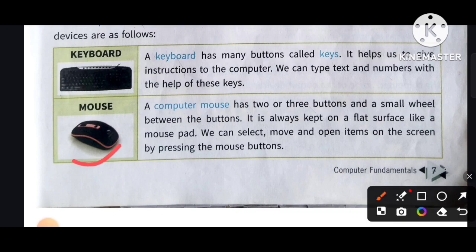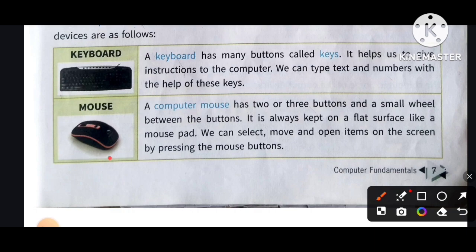So what is the definition of a mouse? A computer mouse has 2 or 3 buttons and a small wheel between the buttons.